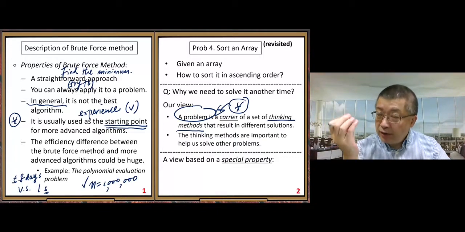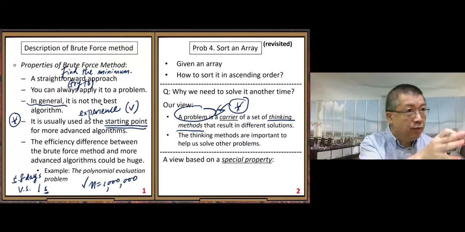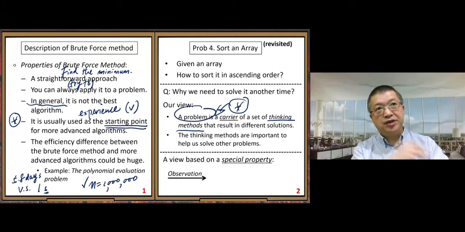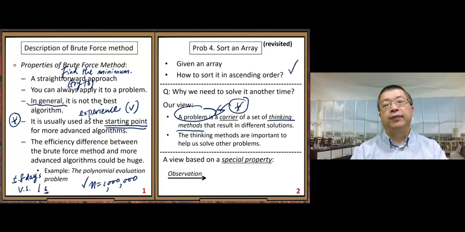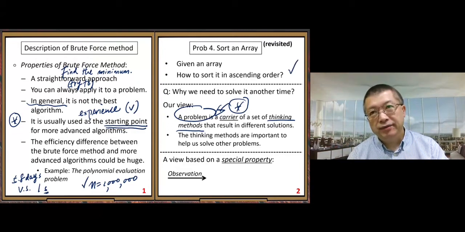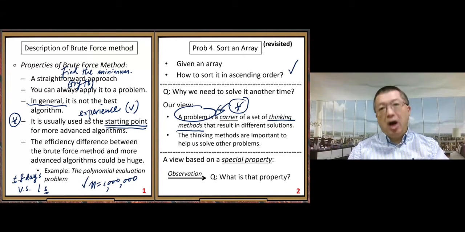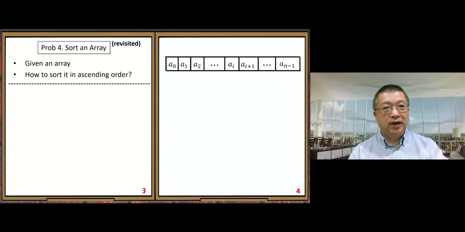You need to carefully analyze the problem, explore, and find a special property. So let's observe the sorting problem another time, this time viewing it differently. What is that critical property? We need to dig it out.